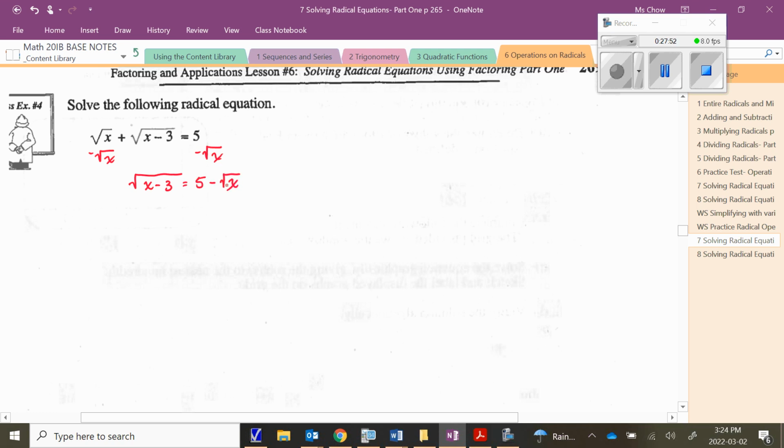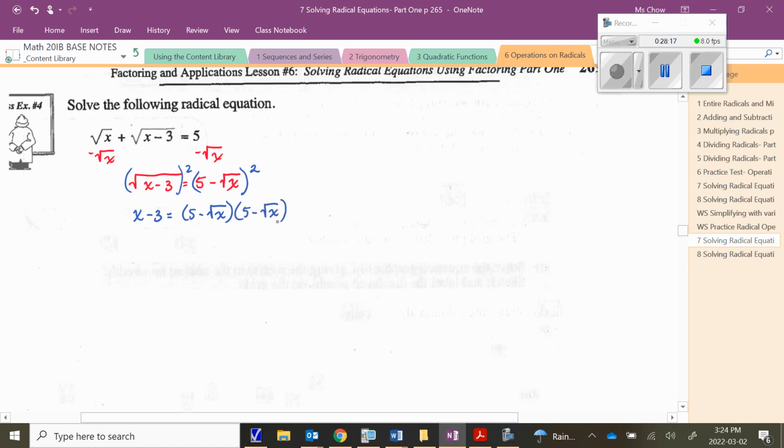So as soon as that is isolated, we can go ahead and square both sides, and that nicely gets rid of that radical on the left side. The right side, unfortunately, our only thing that we can do is FOIL. So we want to write that out and then expand that.